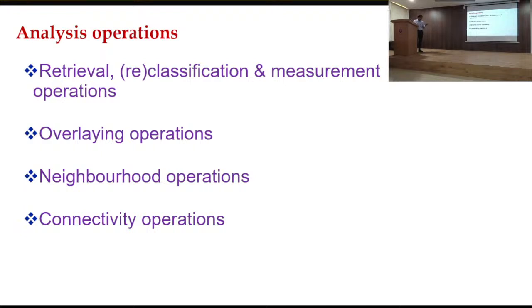For that kind of analysis, the GIS or spatial data lets you retrieve the information and classify it. Classification means retrieval on the basis of a requirement. Then you can do overlay operations, when you have many layers. When you do retrieval, you work on only a single layer.